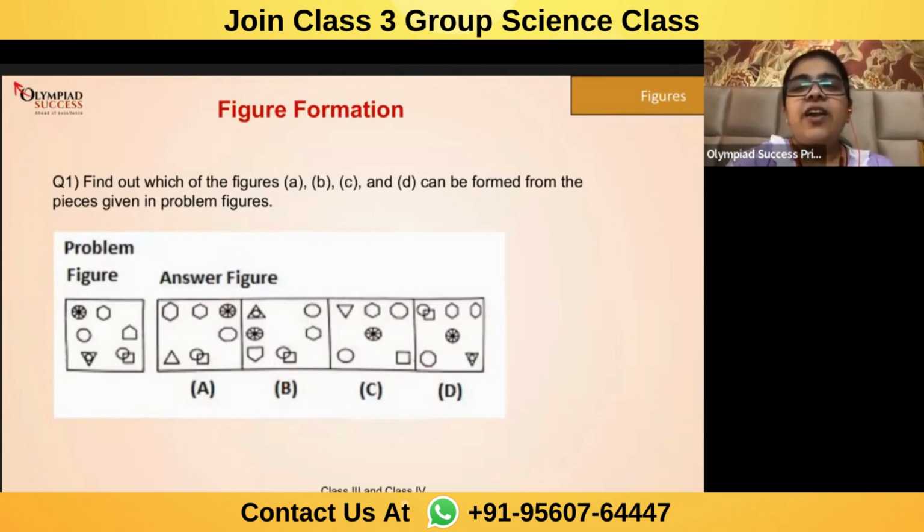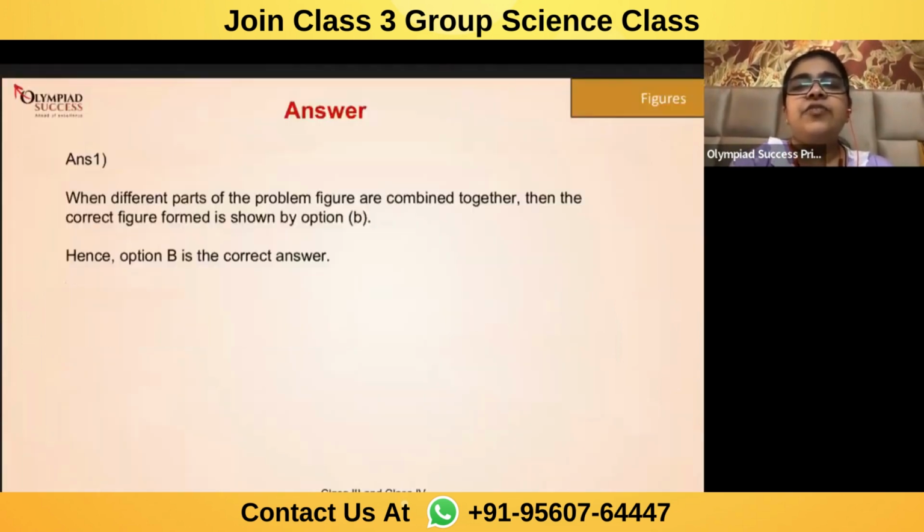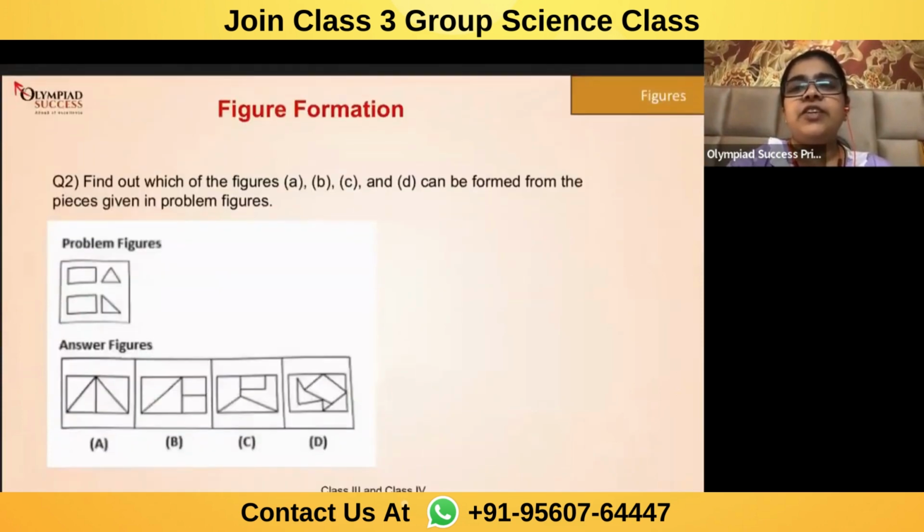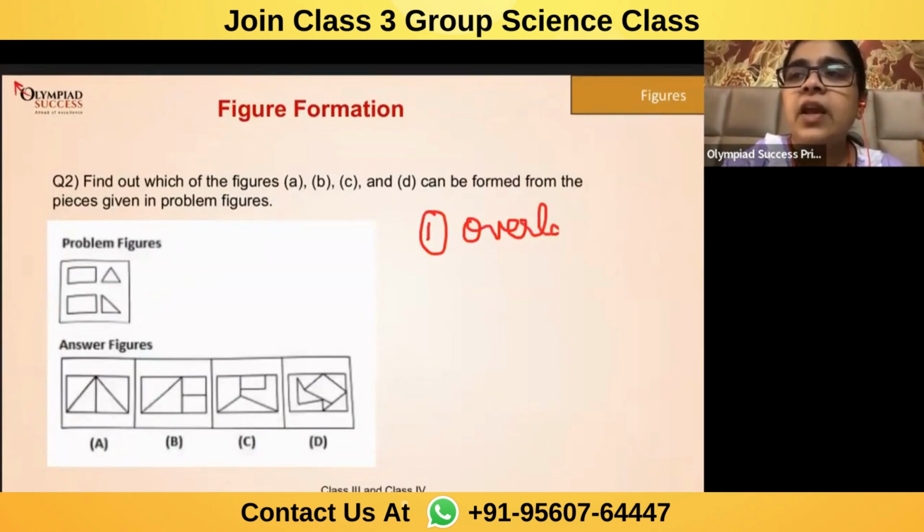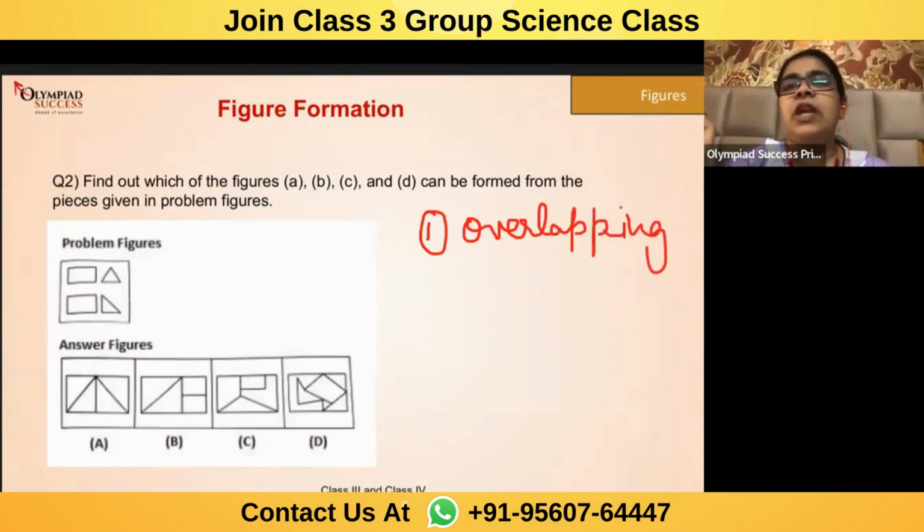All right, now we'll have another question on figure formation, and this is a very interesting one. The first point you need to remember is that there should not be any overlapping. That means if you have a rectangle like this, please do not put a triangle over it like this.